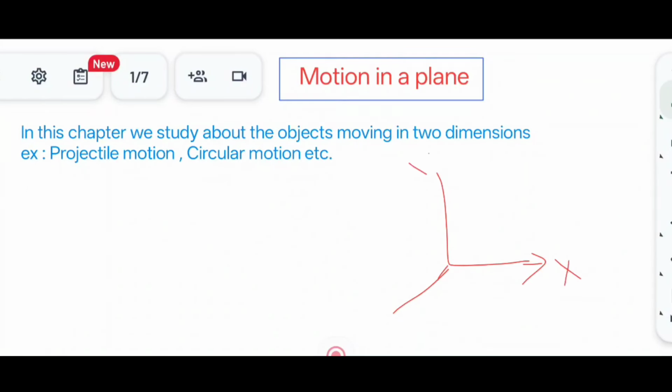It may be along the xy, it may be along the yz, or it may be along the zx. So any two coordinates it will be moving in.